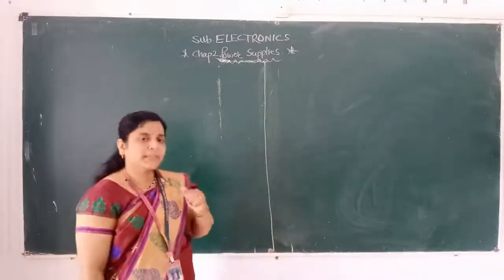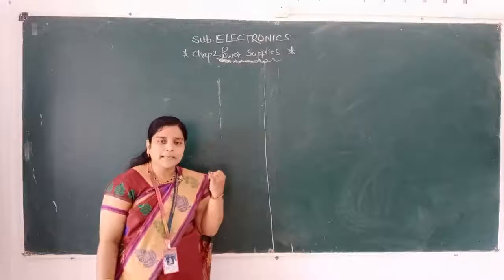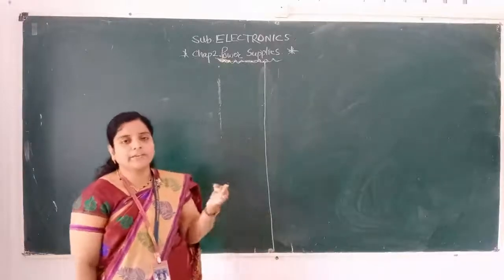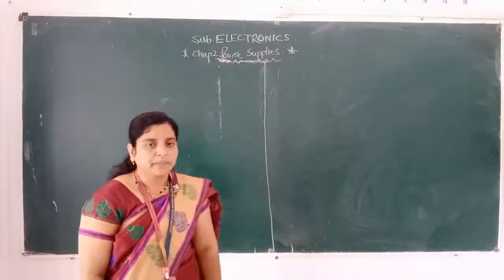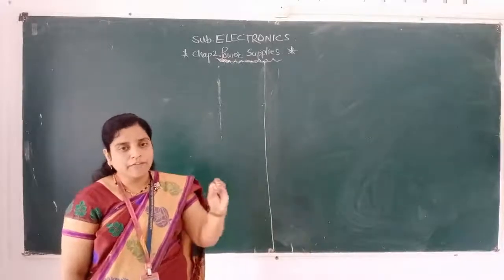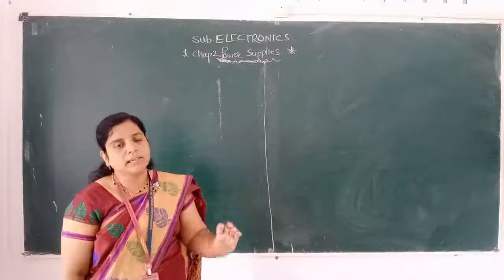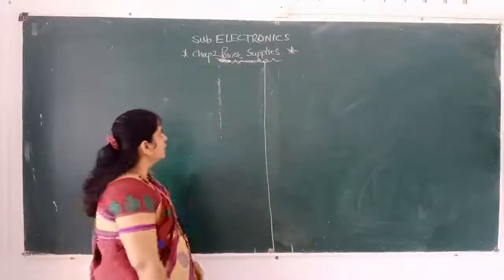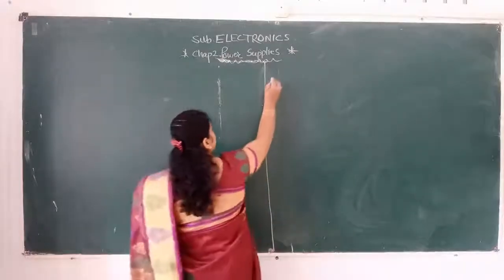There are three types of rectifier: half wave rectifier, full wave rectifier and bridge rectifier. We studied the half wave rectifier in detail in the last lecture. Now we are going to study rectifiers.